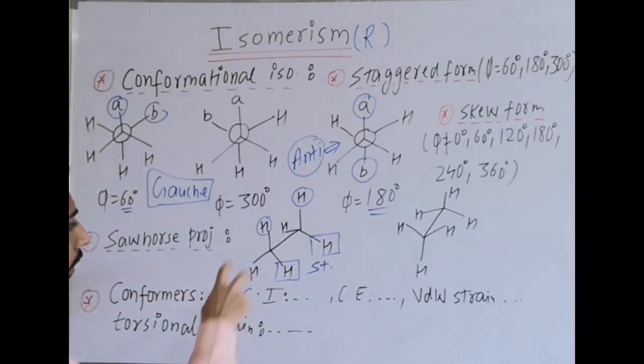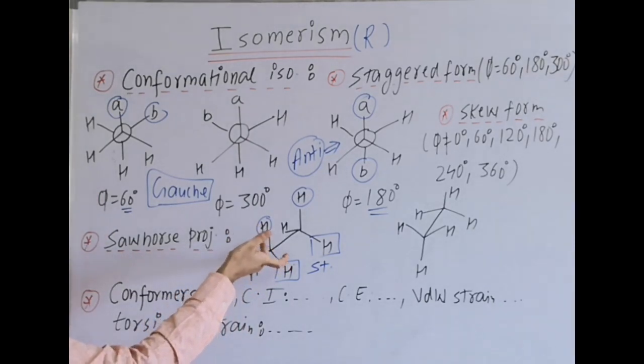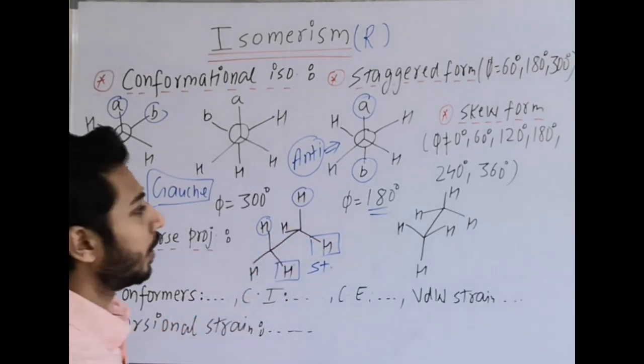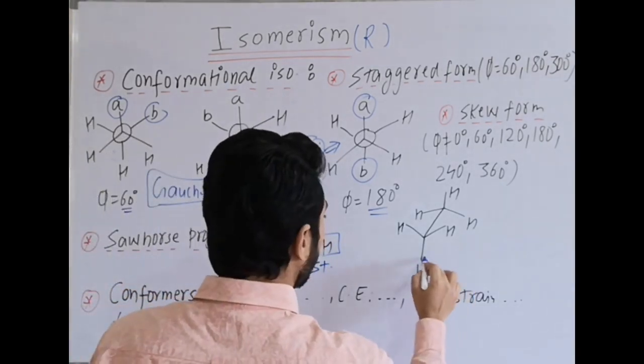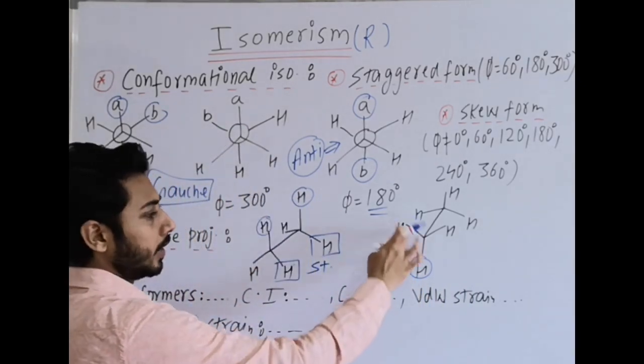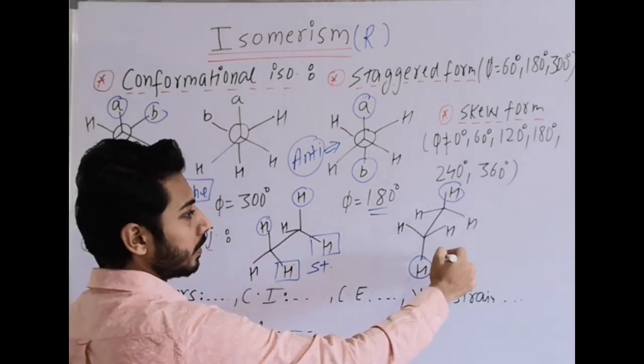Now if we rotate the front carbon exactly by 60 degree, or by 180 degree, they all look similar. So in this case you can see that this hydrogen, which was earlier above, if I rotate 180 degree, will be here, and the other hydrogen is exactly opposite. Clear?